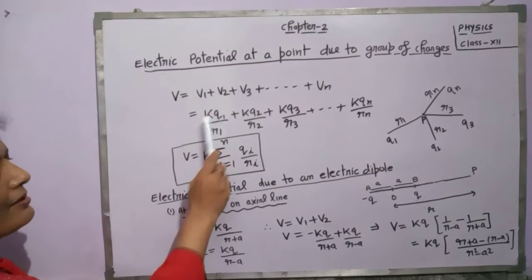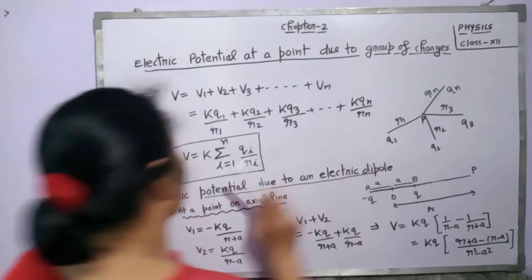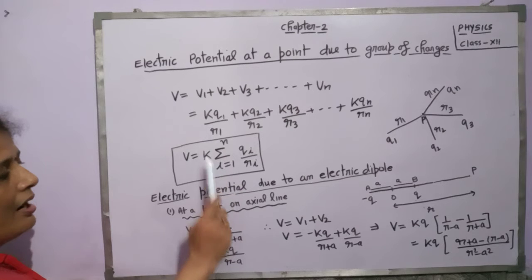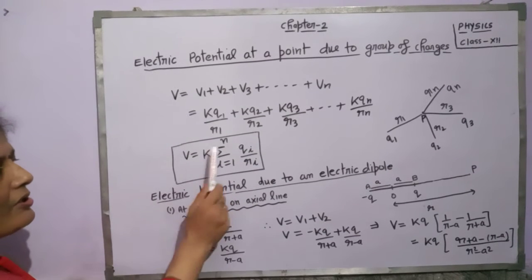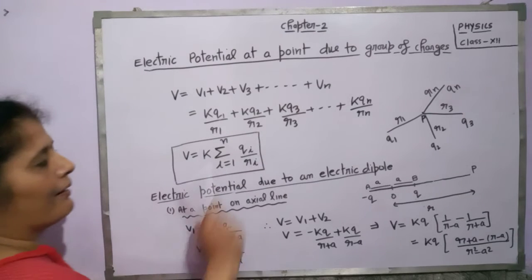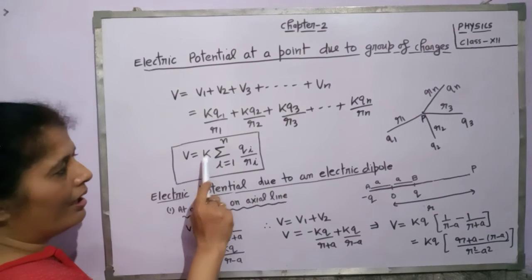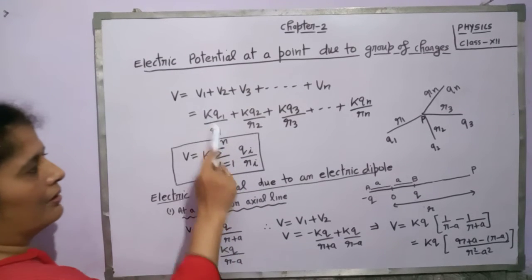Now k comes outside all the quantities, and we get the general form. You can write it as k times the summation, i equal to 1 to n, of qi upon ri. Summation means sum, and if we put i equal to 1, then it becomes kq1 upon r1. This is your first term.